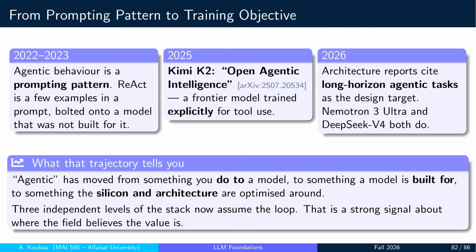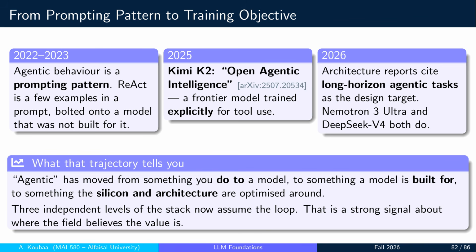In 2026, architecture reports cite long-horizon agentic tasks as the design target. Nemotron 3 Ultra and DeepSeek V4 both do this, and we read their own words earlier today. Now, read what that trajectory tells you. Agentic has moved from something you do to a model, to something a model is built for, to something the silicon and the architecture are optimized around. 3 independent levels of the stack now assume the loop.